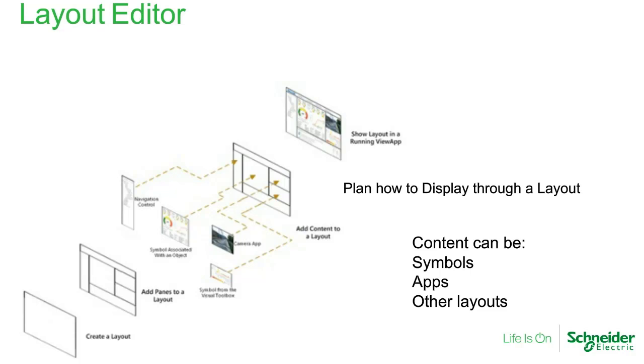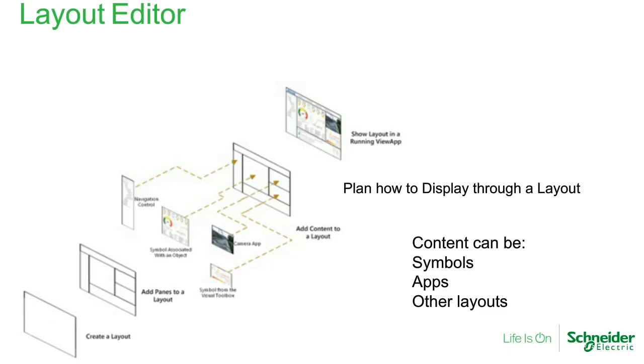What we also allow you to do is to key these panes with certain content types. So if you click on an asset, and that asset has 3 or 4 pieces of content on it, those pieces of content can be tagged like, oh, one is my trend, one is my alarm, one is my overview.